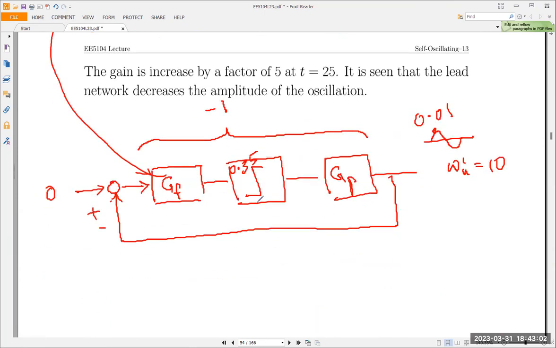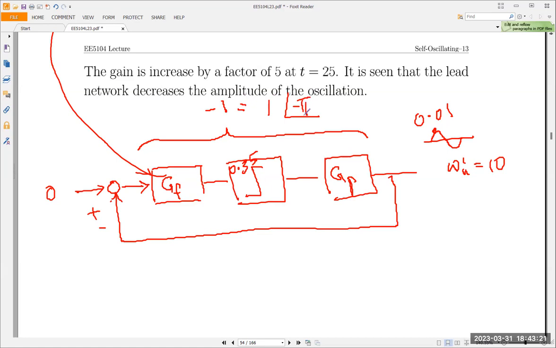The phase must be equal to, because from here to here is -1. So the phase from here to here, -1, if we write it as a complex number, is magnitude 1, phase minus pi.